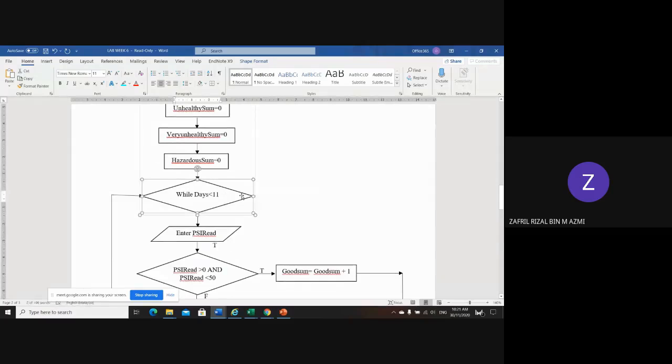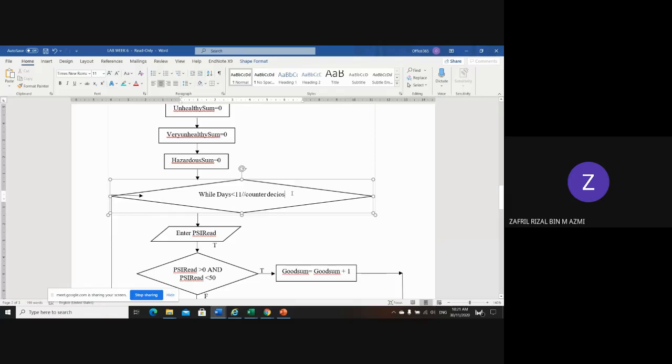Okay, the second one is this one, the counter to be used for decision. The counter that is going to be needed for the decision.